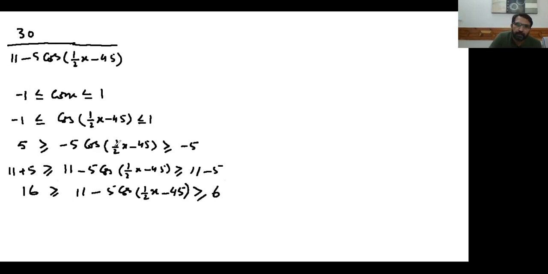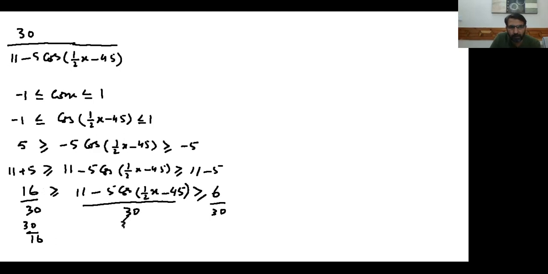But here there is a 30 in the numerator. So let's divide by 30 everywhere. You might be thinking why we are dividing by 30, although in the question the 30 is above. What we will do is just invert the fraction. So 16 over 30 can be converted by inverting into 30 over 16.